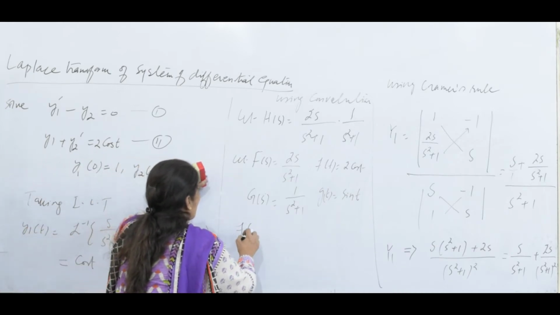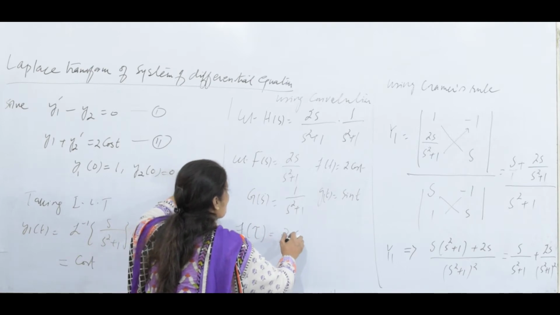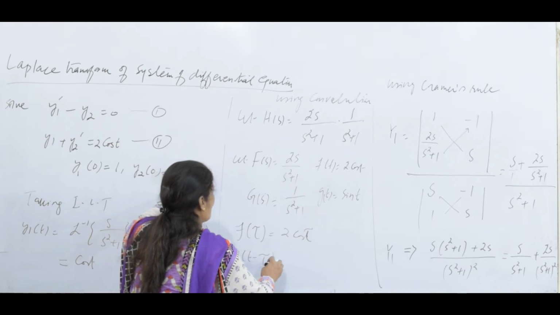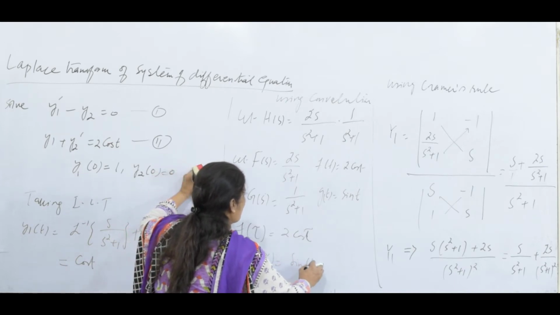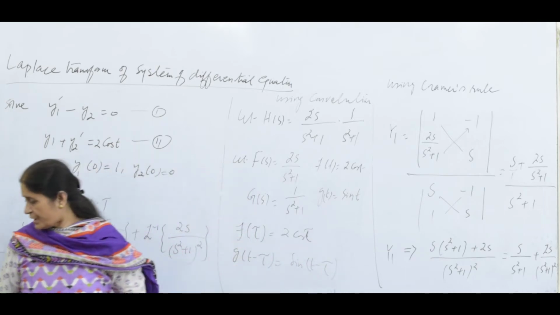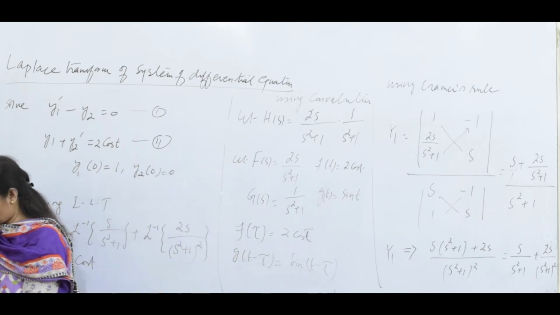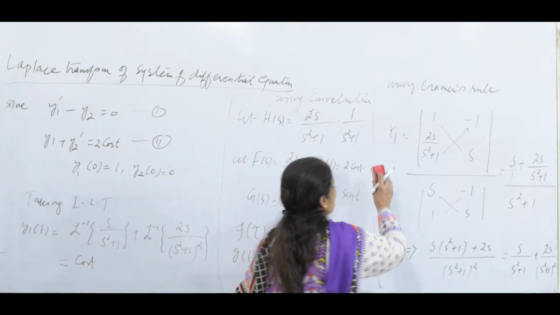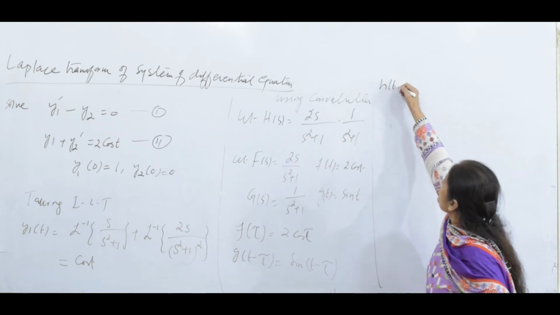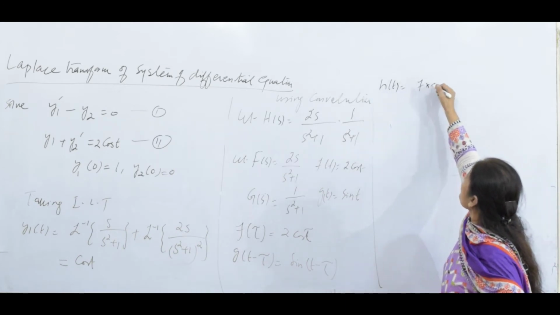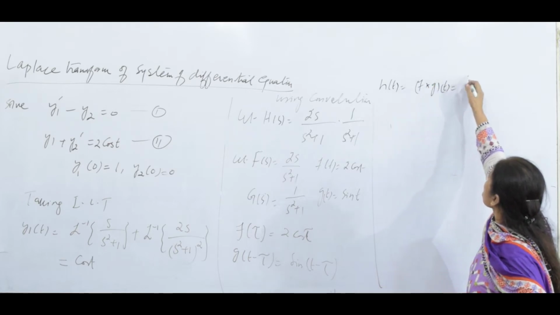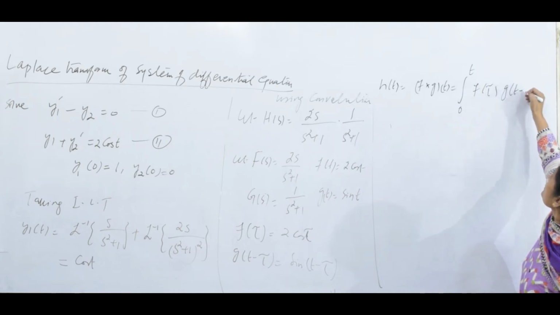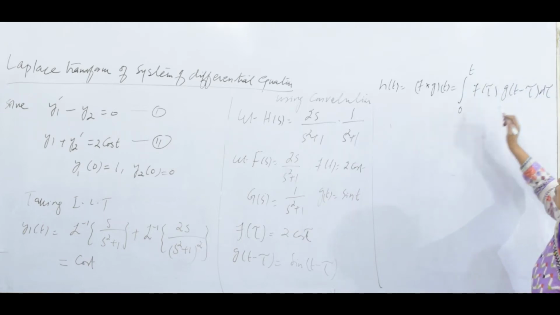f(tau) is equal to 2 cos tau. g(t minus tau) is sin(t minus tau). So you have f(tau) and g(t minus tau). Now we are using the convolution. So h(t) is equal to f convolved with g, which by definition is the integral from 0 to t of f(tau) g(t minus tau) d tau.